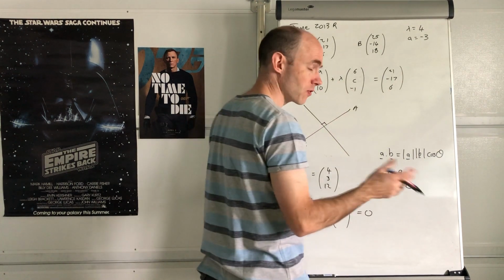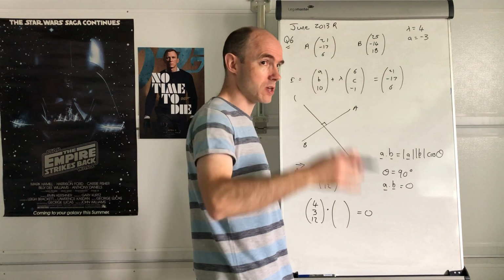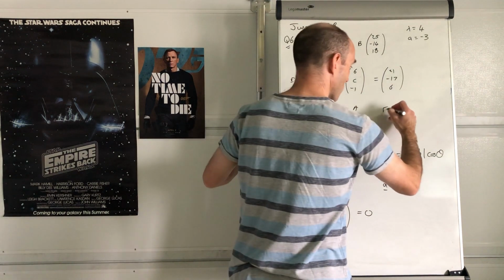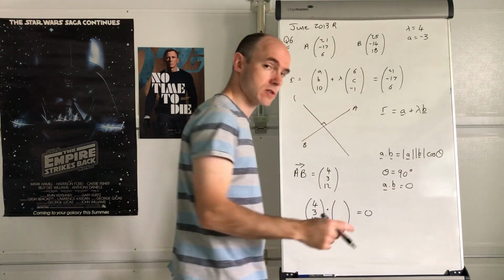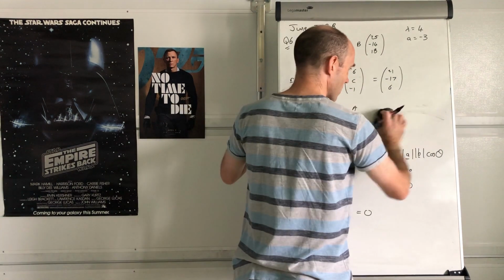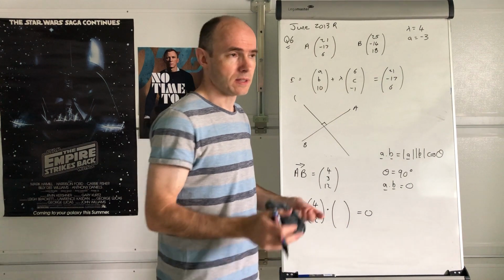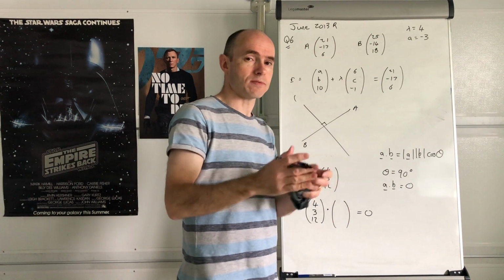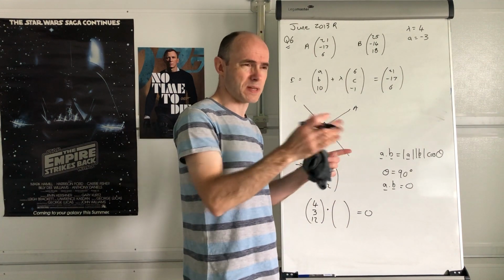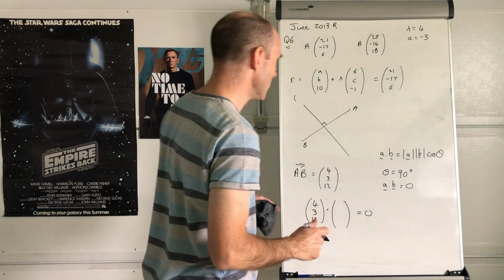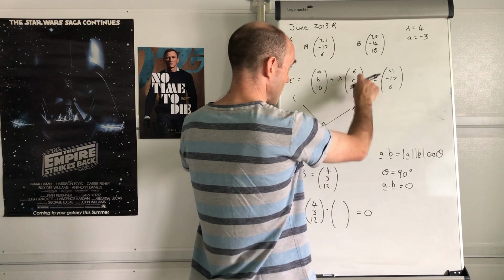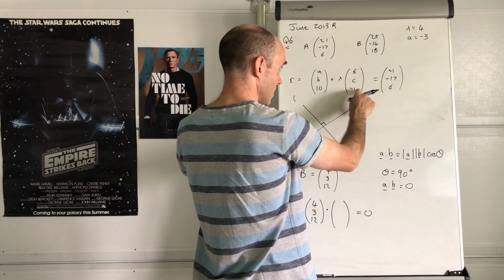Okay, if you've forgotten about that, go back to your notes earlier and write down where you had this. That there is the direction vector. Because when you're taking the scalar product, you take the scalar product between the direction vectors, not the position vectors, because that's basically points. You don't find angles between points, you find angles between directions. Okay, so the direction vector is this, (6, c, -1).